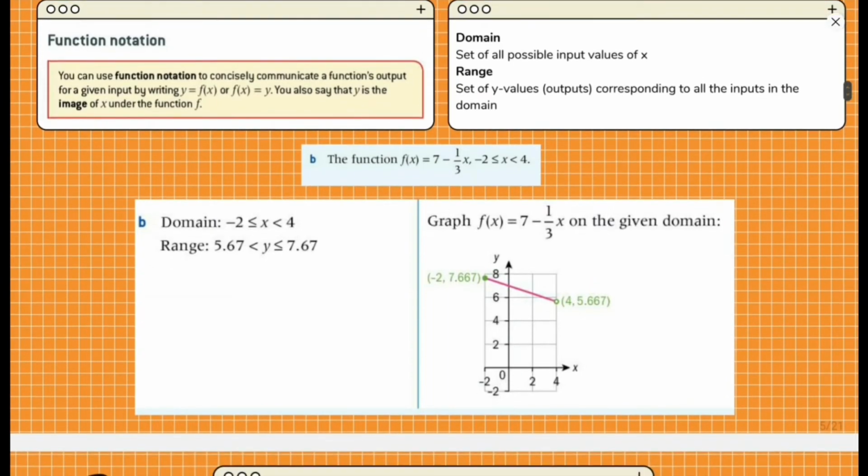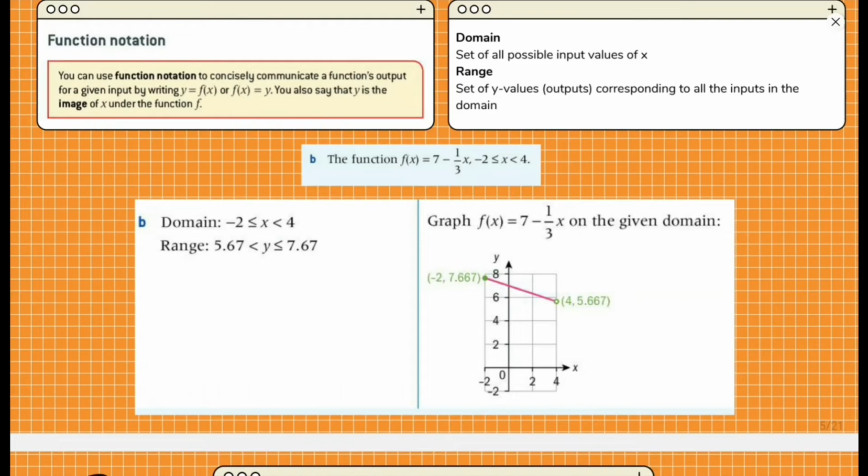So let's say we have the function f(x) equals 7 minus 1/3 x, and the domain is -2 ≤ x ≤ 4. So we know that our domain, which is the input, is -2, -1, 0, 1, 2, 3, 4. And the range, we have to find by substituting the domain into the function.